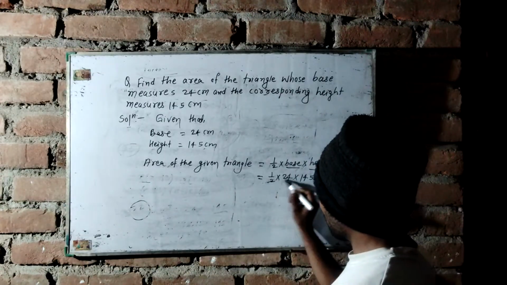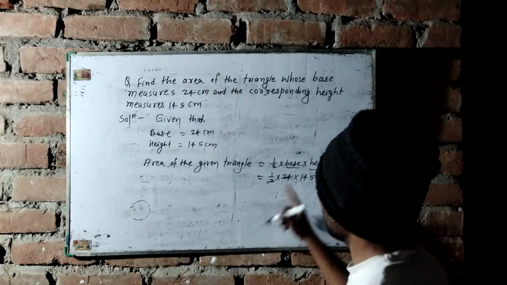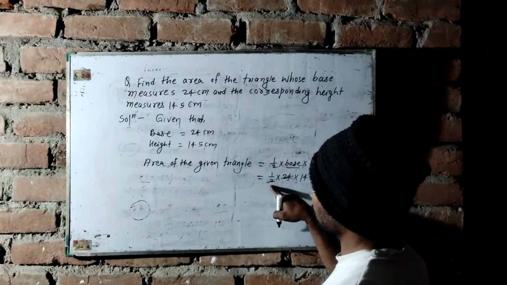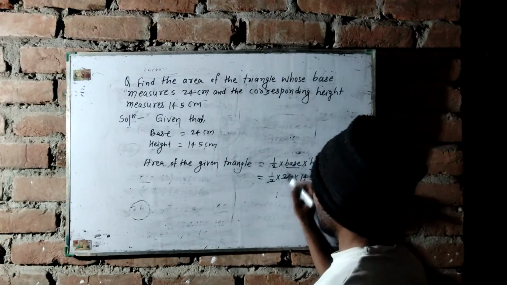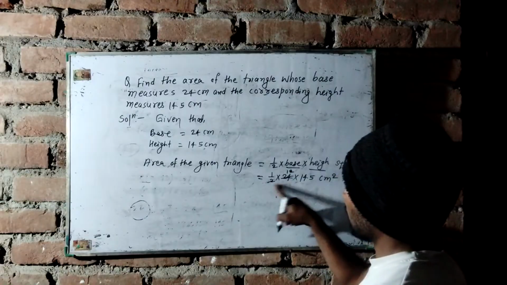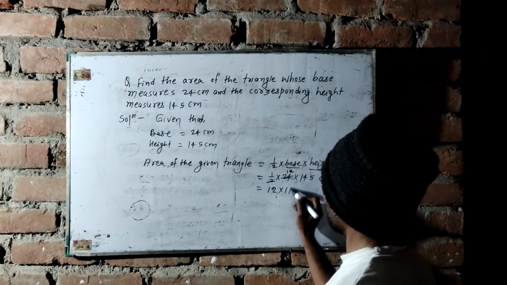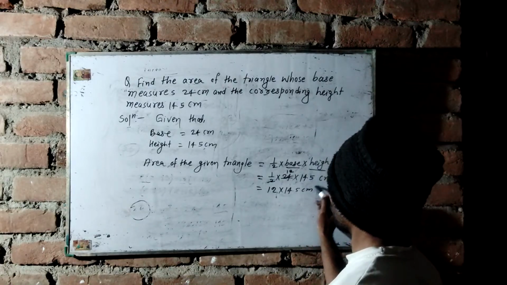Now 24, you can cancel 24 with 2 and we get 12. So 12 times 24. Now you can write 12 into 14.5 centimeter square.